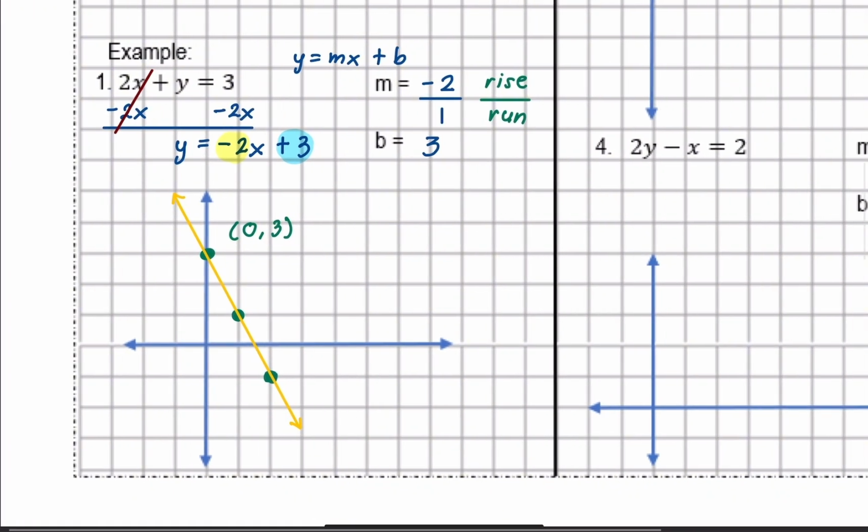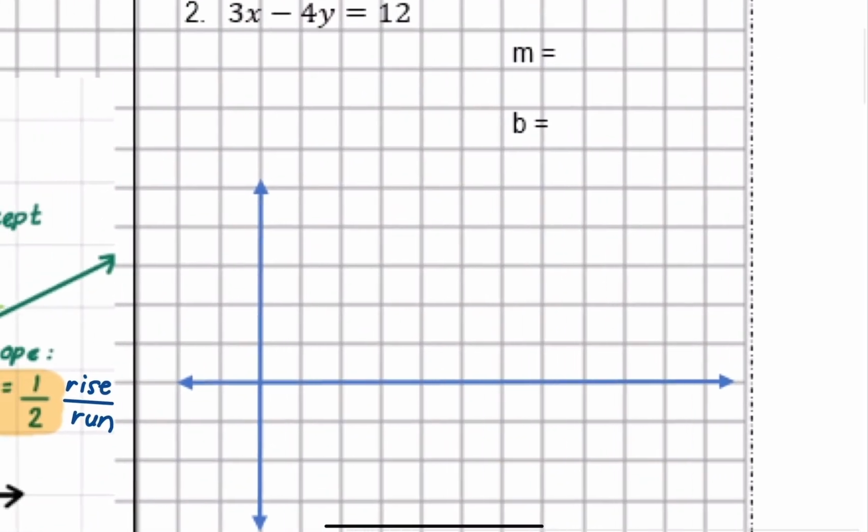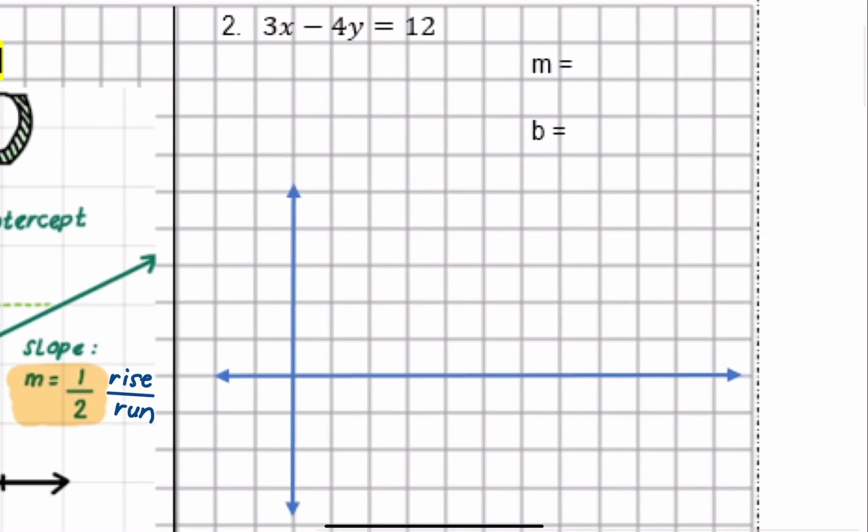Okay, let's try to answer number 2. So for number 2, the given is 3x minus 4y is equal to 12. Again, class, we have to transform this in slope-intercept form wherein y is equal to mx plus b. Again, class, this is not in slope-intercept form yet because we have 3x on the left side of the equation.